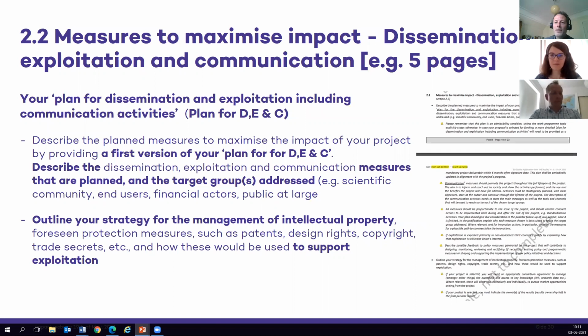So this is where the applicants must explain and describe the dissemination and communication and exploitation measures they're planning in order to maximize the impact of their project, the impact that they have just described under section 2.1. And applicants must also here deliver a first version of their plan for dissemination, exploitation, and communication, identify relevant target groups, and outline their strategy for the management of intellectual property.